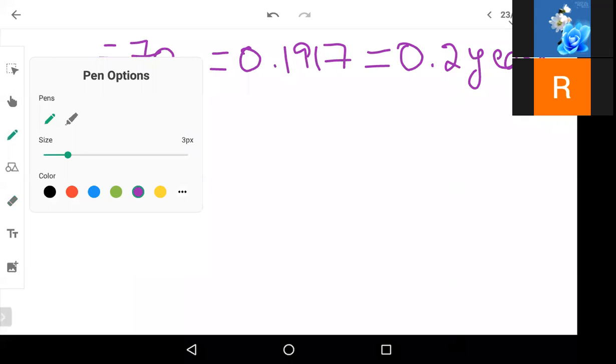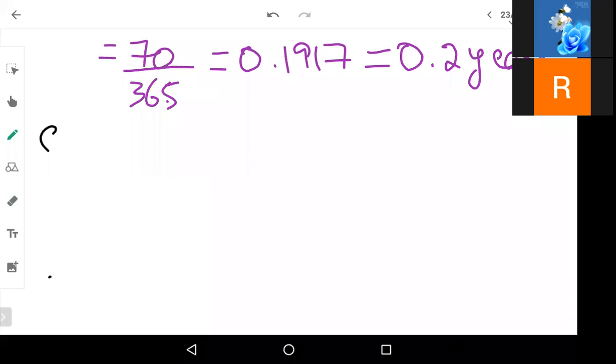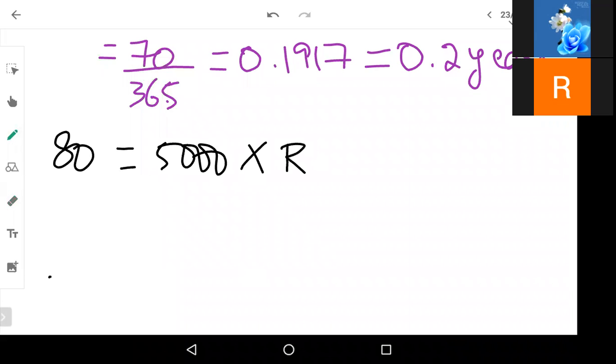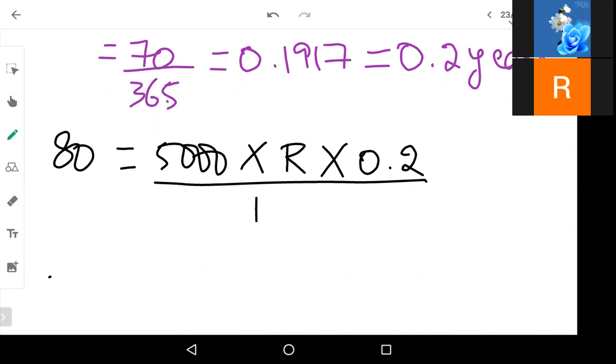Now let us go back to the problem of simple interest and let us calculate. So 80 rupees, the simple interest, is equal to principal 5,000 into we don't know the rate of interest into the time is 0.2 years divided by 100. Right? Now, this 100 can be taken to the other side.